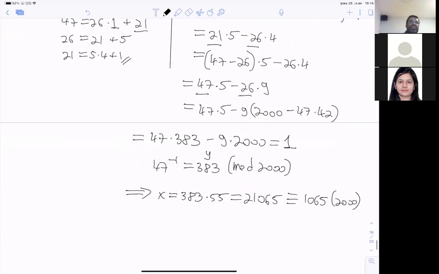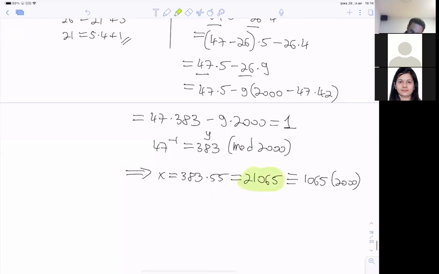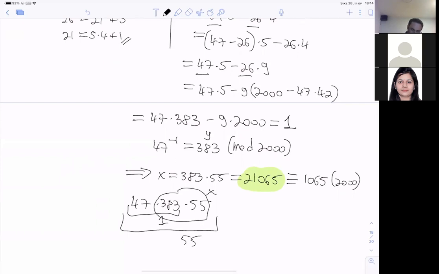Okay. So this is the answer. Because 47, if I multiply with this it is 1, but if I multiply this with 55, it will be 55. So this is the answer. This is x. So x is 1065. This is the solution of the equation.